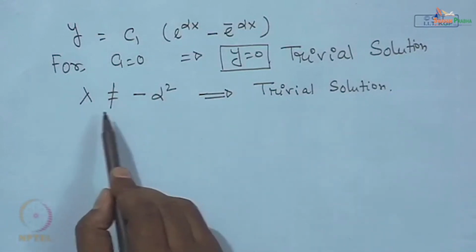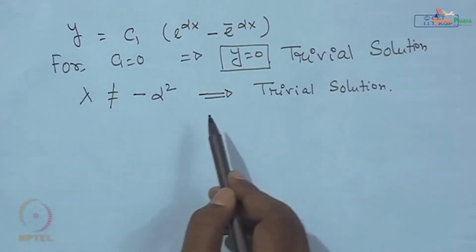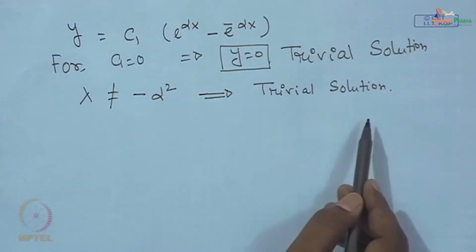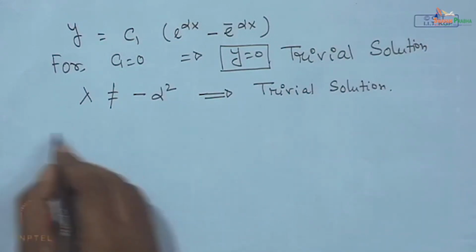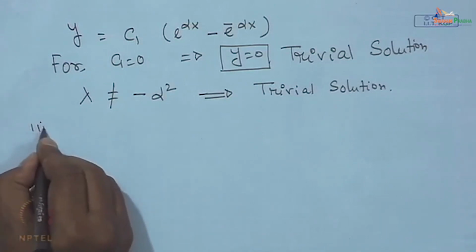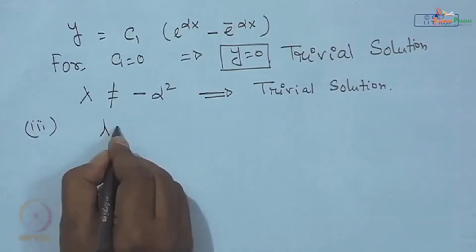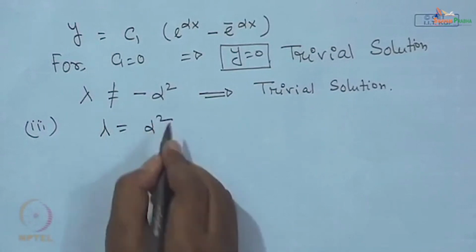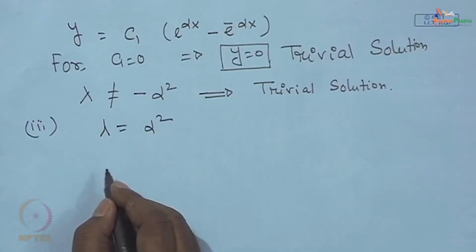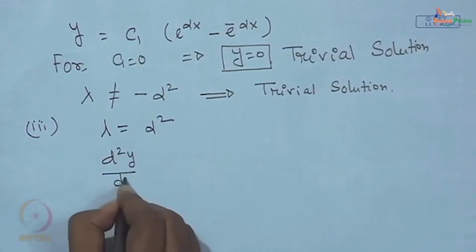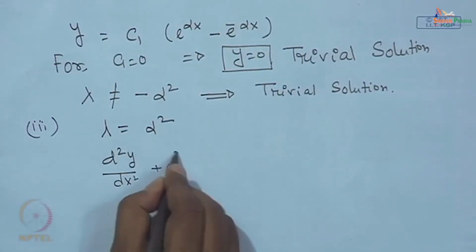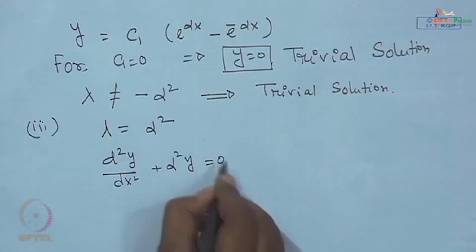Lambda cannot be negative either, because then again we get a trivial solution. So the only option left is that lambda is positive, and lambda is equal to alpha square. So you will have d square y dx square plus alpha square y is equal to 0.